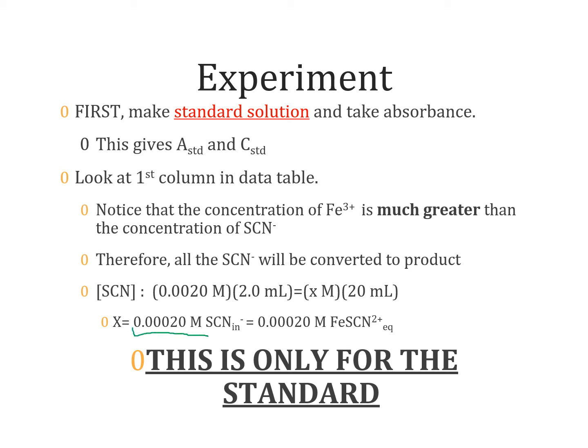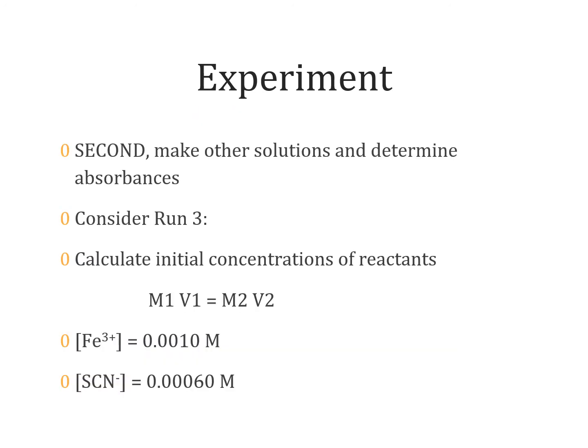This is the exact amount, and all of it is converted to the complex that is formed. That's why you have 0.002, which is the same value that you had here for the thiocyanate, because all of it is being converted here. And this will be the concentration of your standard that applies in the calculations for all the other equilibrium species.